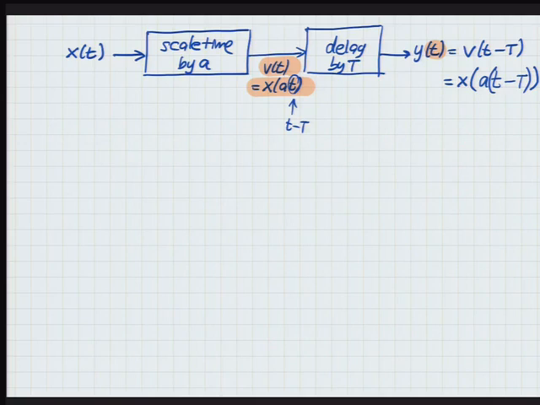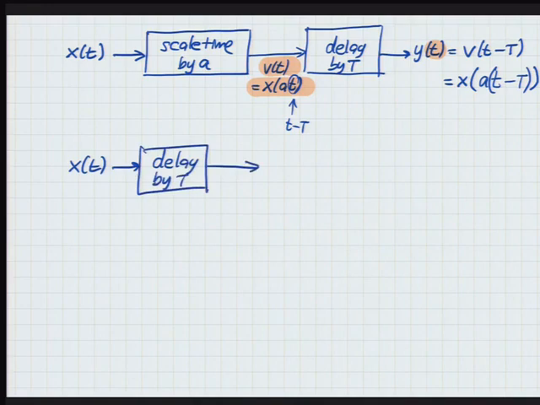Now, if I change the order, let's do it that way. X of t, delay by T. I get a new output. Let's call it z of t, and that's equal to x of t minus capital T.